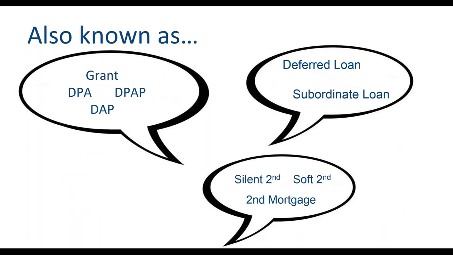Some AKAs, if you will, for down payment programs. You may hear them referred to in any number of acronyms: deferred loan, silent second, a DPA program. They're all down payment help, right? They're all different, yes, but all these words, all these acronyms, just remember, first and foremost, they mean down payment help.